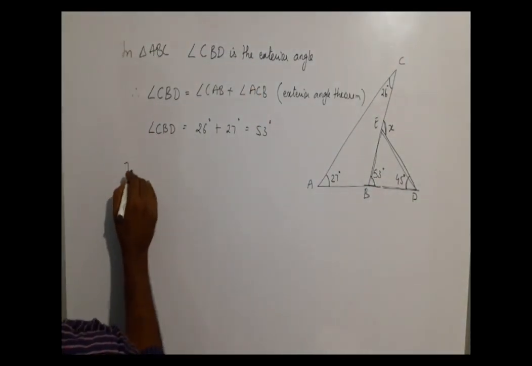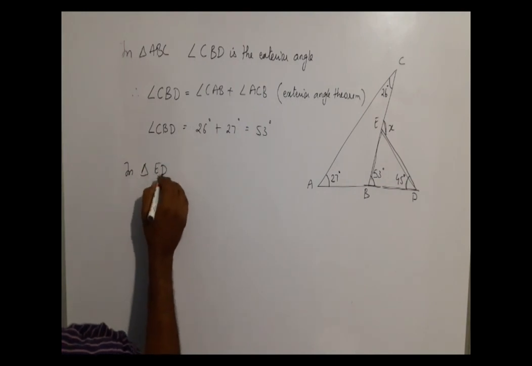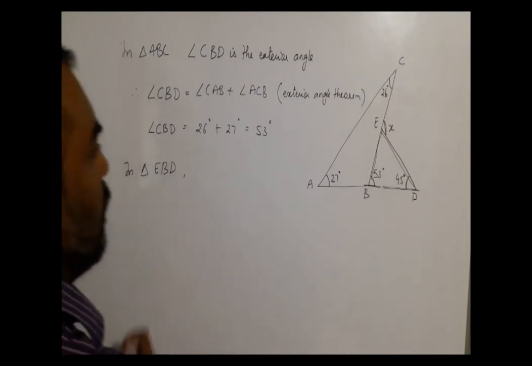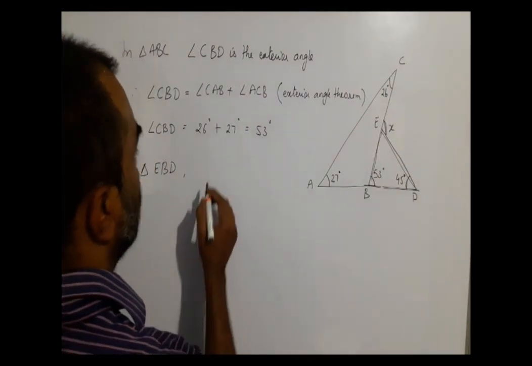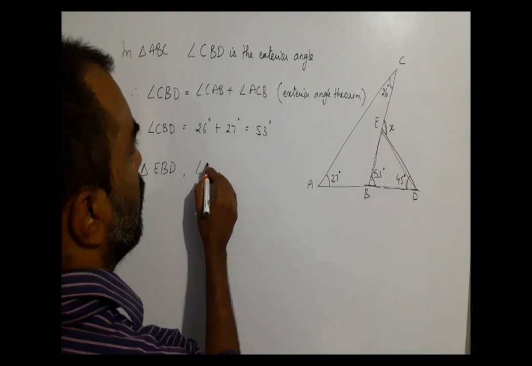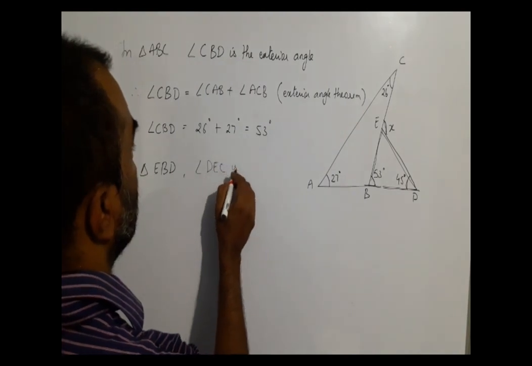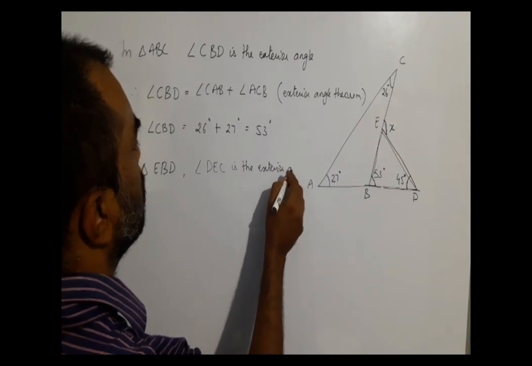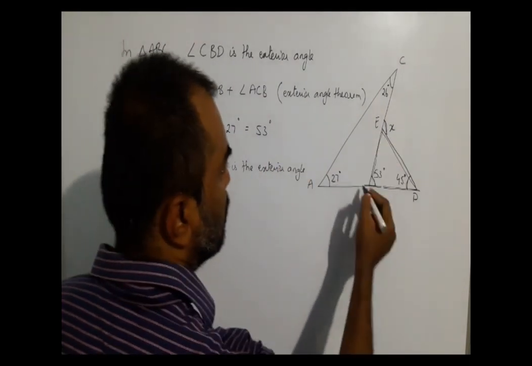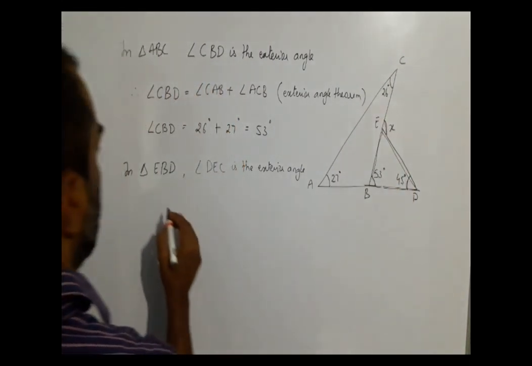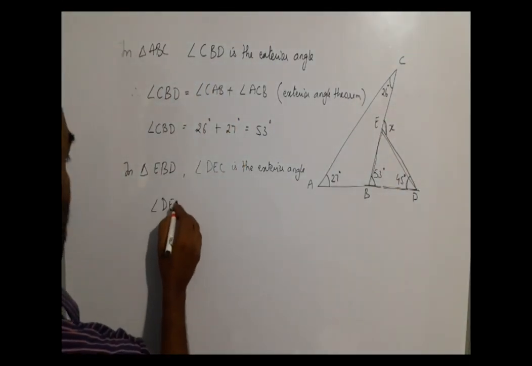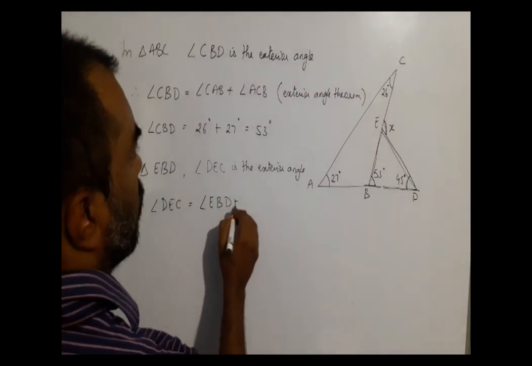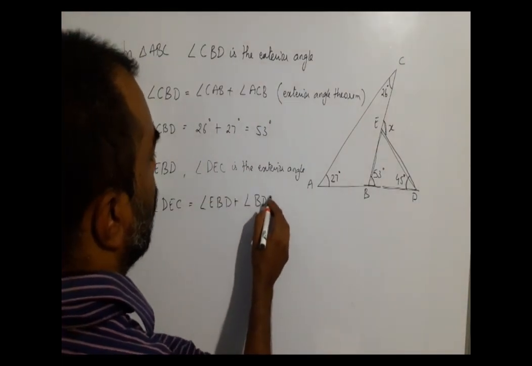Now mention in triangle EBD, angle DEC is the exterior angle. Can you see this? In this triangle, this is the exterior angle. So angle DEC, which is X, is equal to angle EBD plus angle BDE.